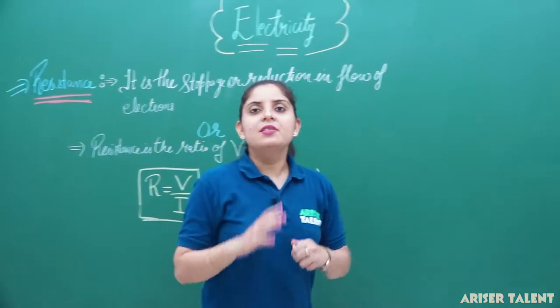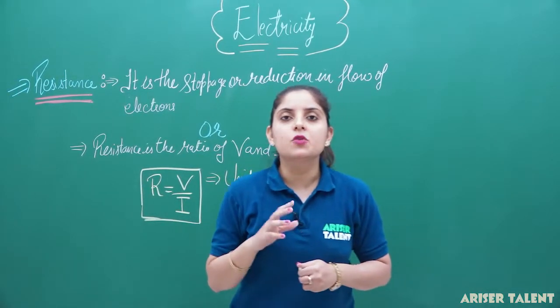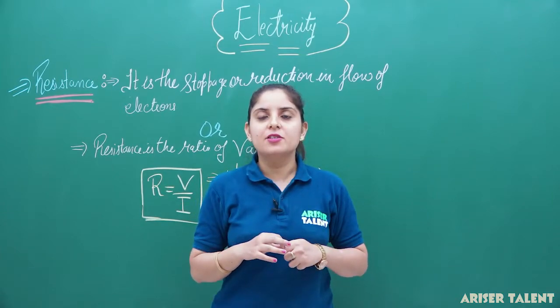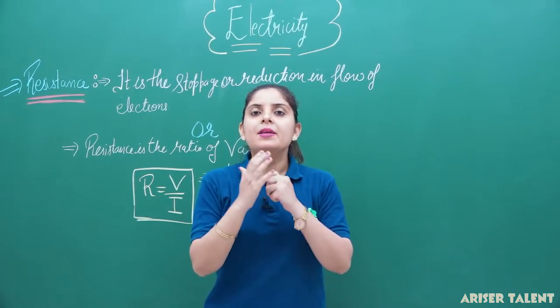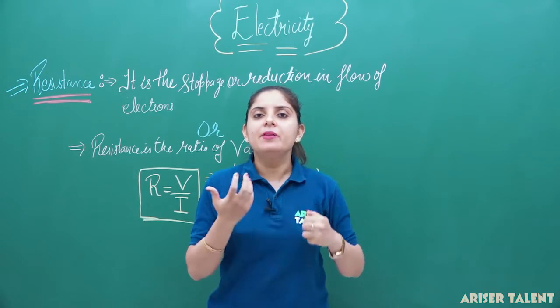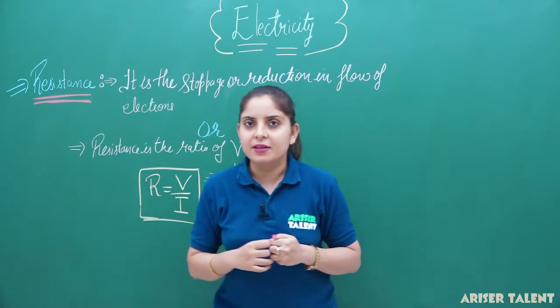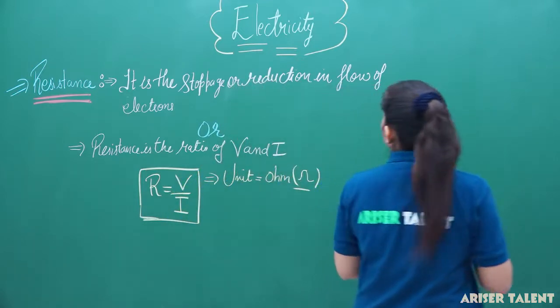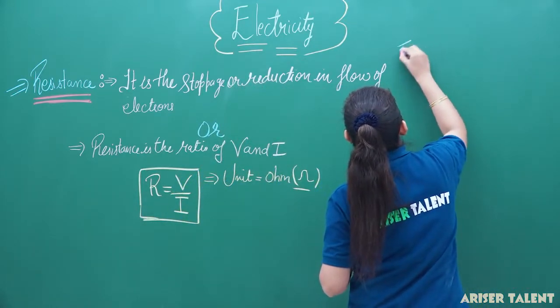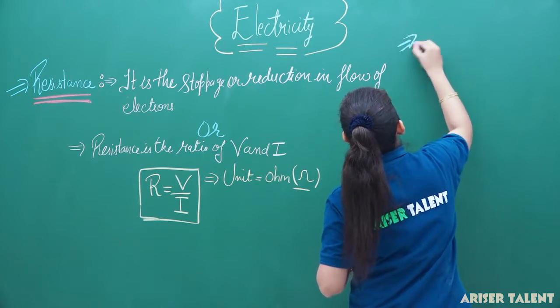Now the resistance of any circuit is going to depend upon a number of factors. It will be directly proportional to some, inversely proportional to others, and it will increase or decrease according to some factors. So let's discuss the factors on which the resistance of a circuit depends.